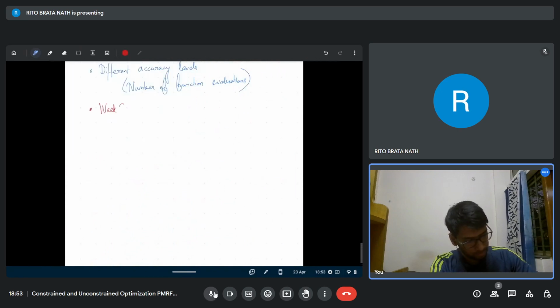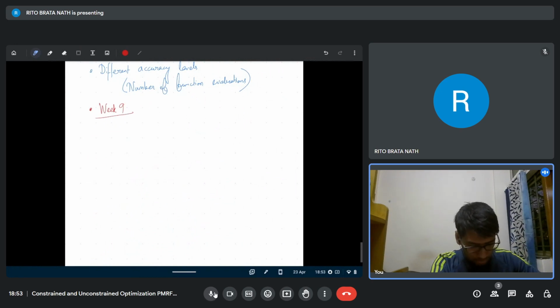Okay, week 9. I'll open up this thing. Okay, so in week 9, what you have is steepest descent method, and directions. Then you have optimum step lengths.